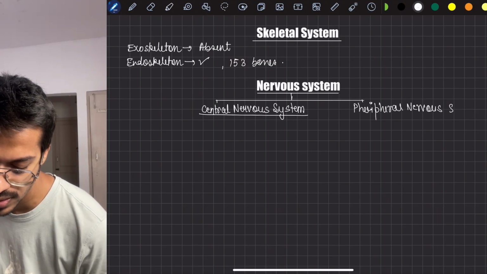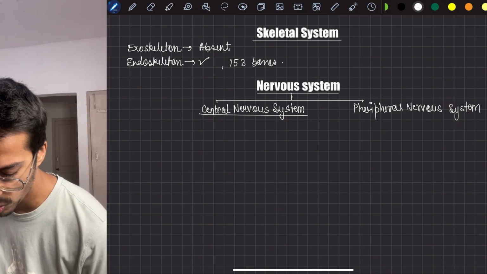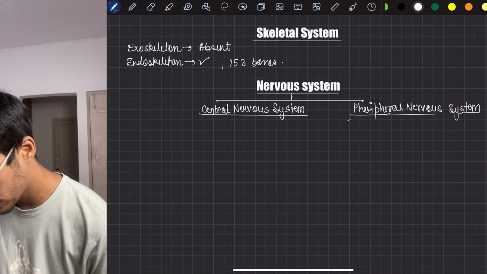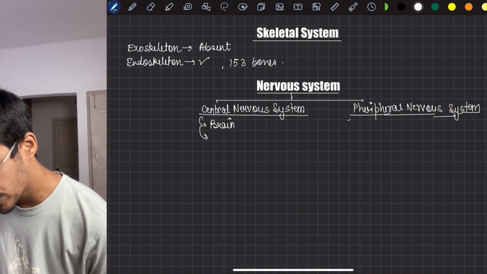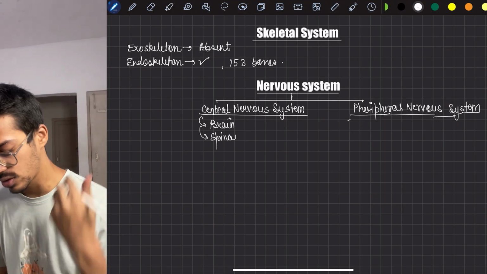The central nervous system has the brain and the spinal cord, which are present along the central axis of the body.